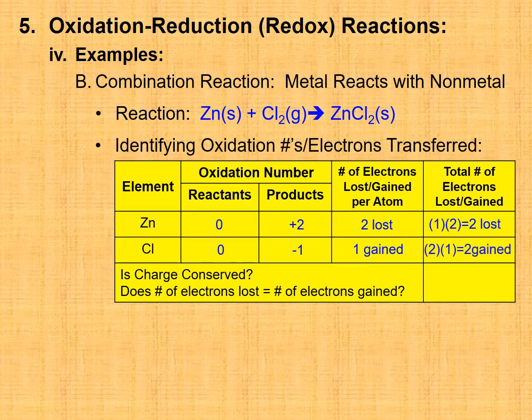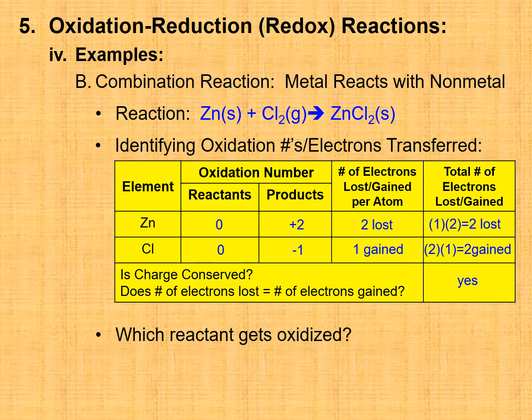So we see in the overall reaction that if 2 electrons in total are lost by zinc and 2 electrons in total are gained by chlorine, then while charge is transferred between species, no net charge is created or destroyed in the reaction, so the total charge is conserved in the reaction.